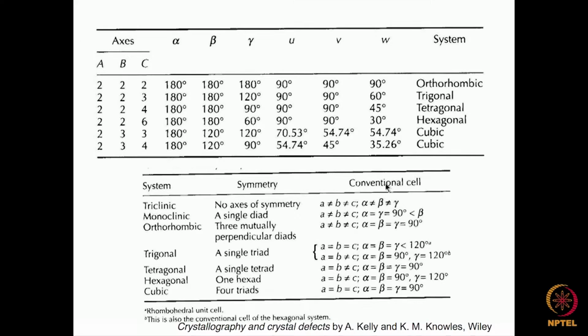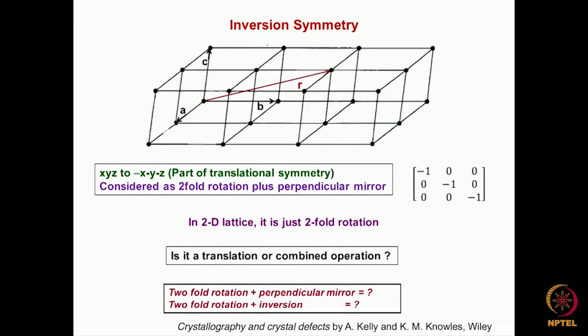Also, for a conventional cell, we consider the relationship between the angles between the axes and the translation vectors. All of you have studied this earlier and are very well aware of it.